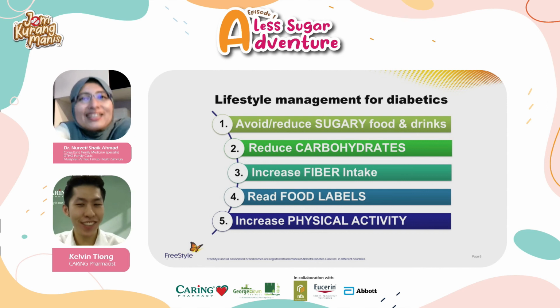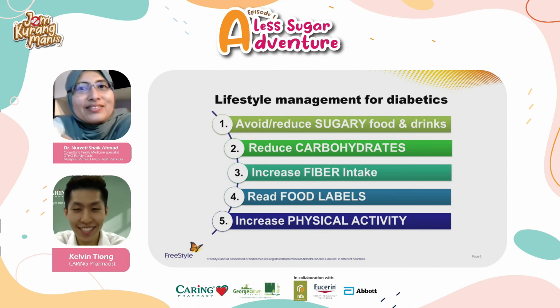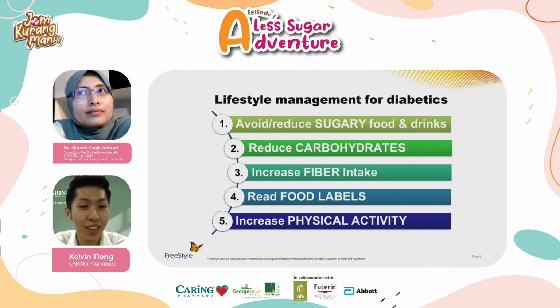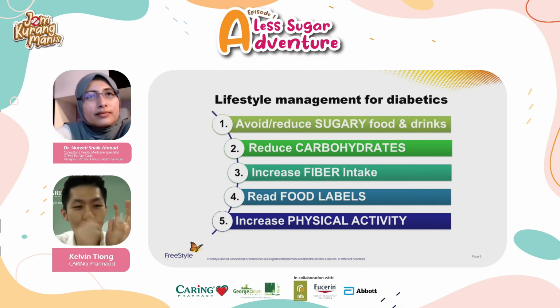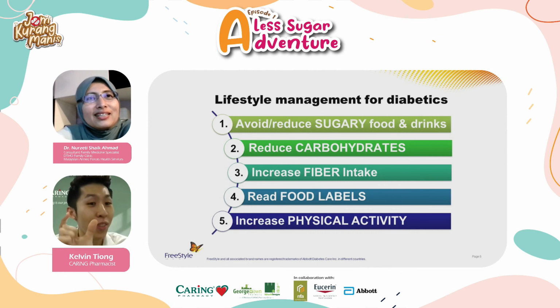Okay, thank you, Doctor. This is very insightful sharing. So as per the Doctor's sharing, we need to try to reduce the sugary foods and reduce the carbohydrates, increase the fiber intake, and always read the food labels. Sometimes they will say no added sugar, but you still need to turn behind to see any sugar content, because sometimes the things will contain sugar even though they didn't add any sugar.